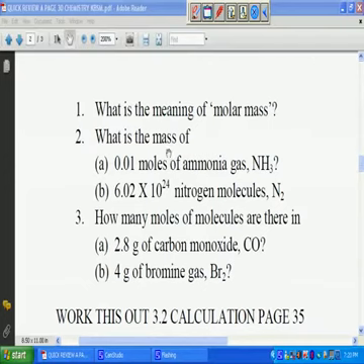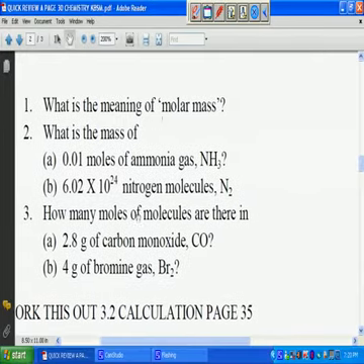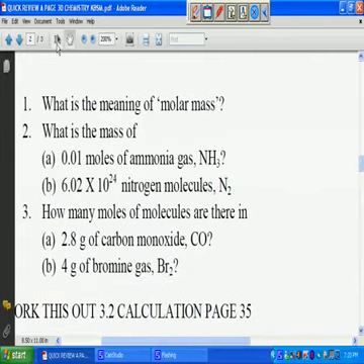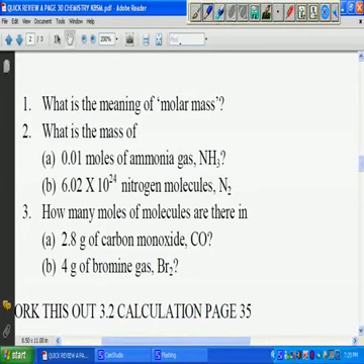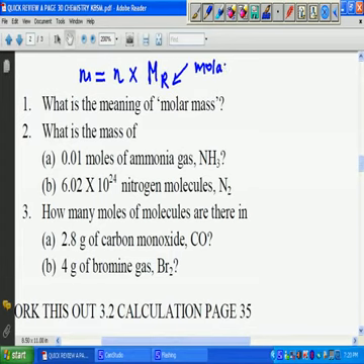Alright? So what is the mass of 0.01 mole of ammonia gas? Alright, so maybe I can work things out here. I don't have to go to the whiteboard. So I use this one to give you the formula. Remember, actual mass is number of mole times the molar mass. Alright, this is a molar mass.